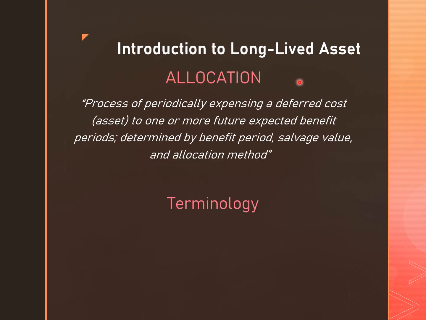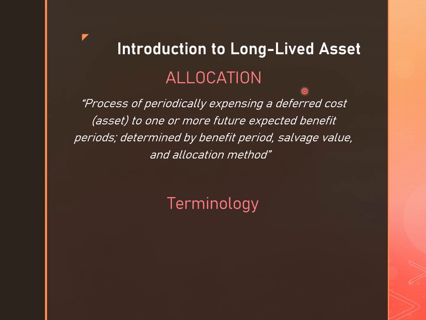And then kita akan tengok on allocation. Allocation ni adalah the process of periodically expensing a deferred cost of the asset to one or more future expected benefit period determined by benefit period, salvage value and allocation method. So allocation ni macam depreciation je sebenarnya. Tujuan kita buat depreciation adalah untuk defer cost tu.